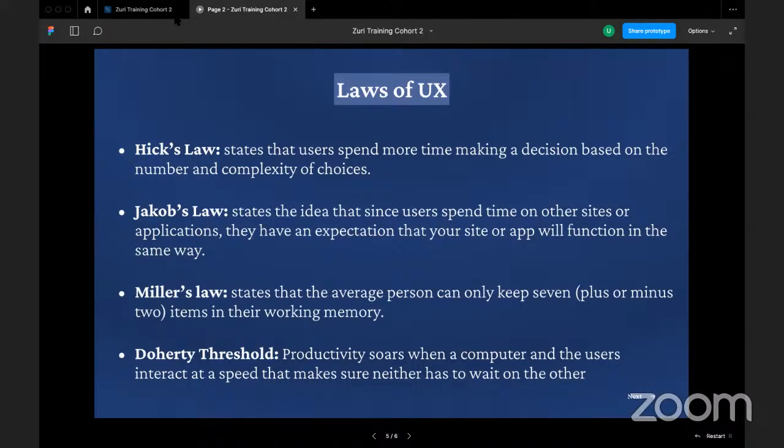I want to know if you understand what Miller's law is all about. Hello guys, what do you understand by Miller's law?